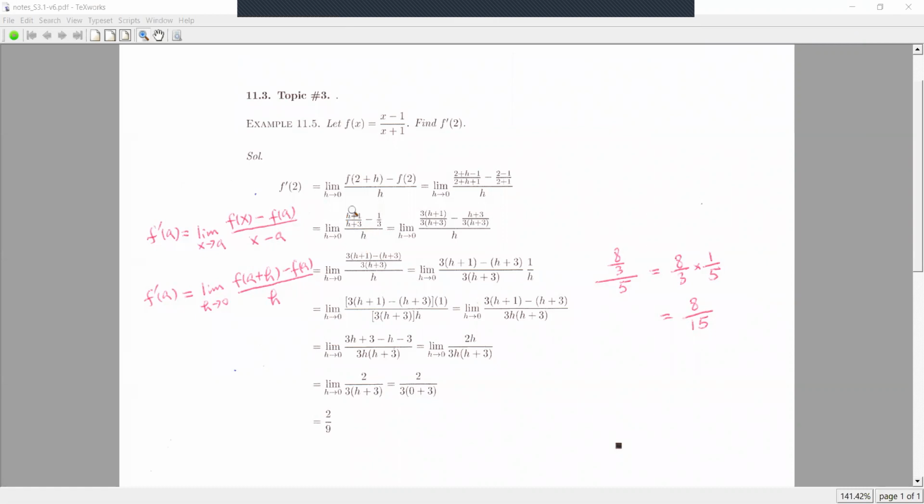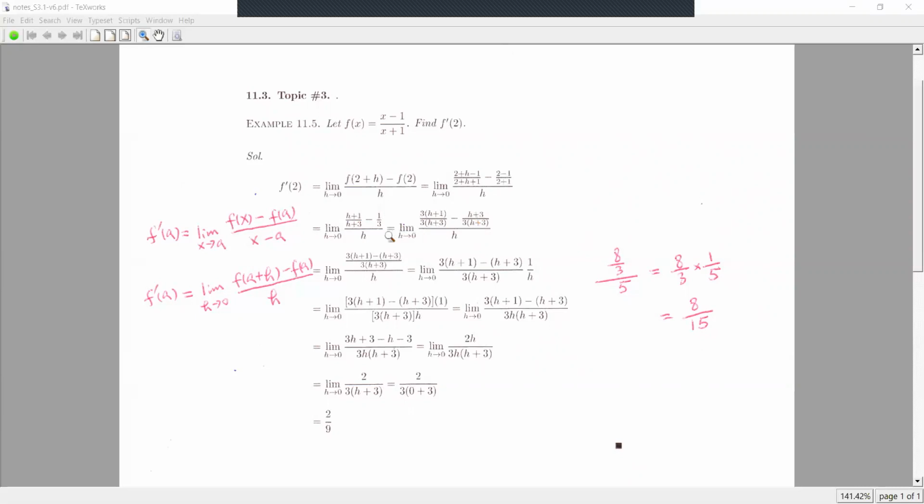The denominator in the first term is h plus 3, and the denominator in the second term is 3. The common denominator is 3 times h plus 3. Now, I multiply the top and the bottom in the first term by the number 3, and multiply the top and the bottom in the second term by h plus 3.